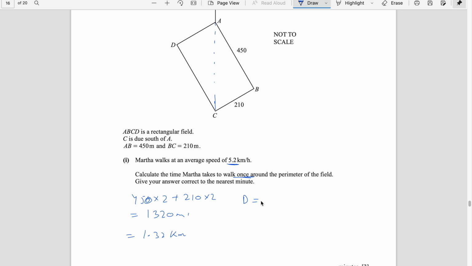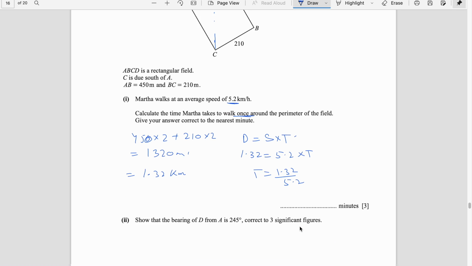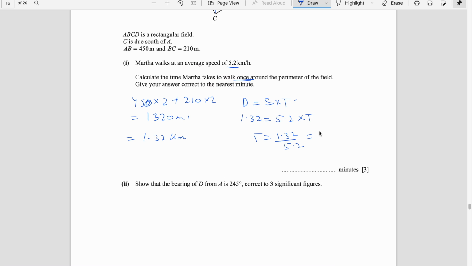So distance is equal to speed into time, and distance is 1.32, speed is 5.2, so time should be 1.32 by 5.2. 1.32 divided by 5.2 is 0.2538, but that is in hours.